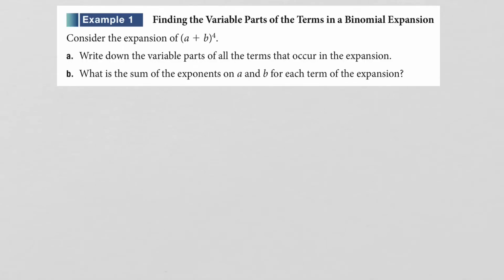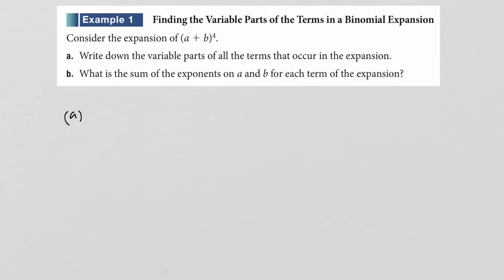In our first example, we want to consider the expansion of a plus b to the fourth power. They want us to write down the variable parts of all the terms that occur in the expansion. So remember, the power of a decreases, the power of b increases, and the power of a and b should always add up to be 4 in this case.